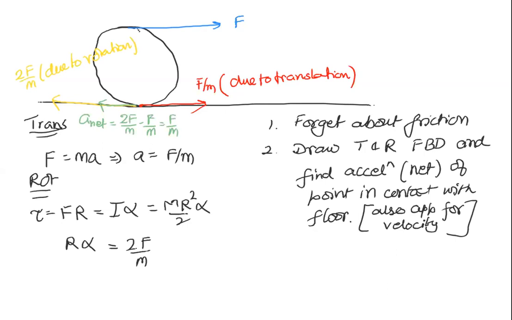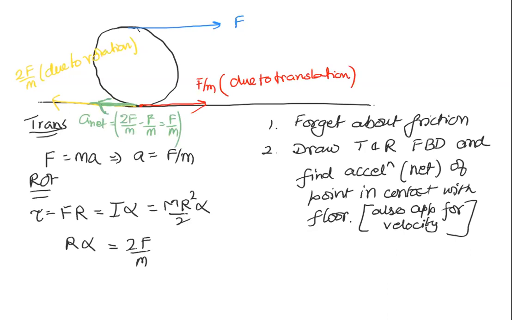Actually, you don't need the magnitude of this. You only need the direction. You only need the fact that the net acceleration is opposite to the applied force, opposite to the blue vector.